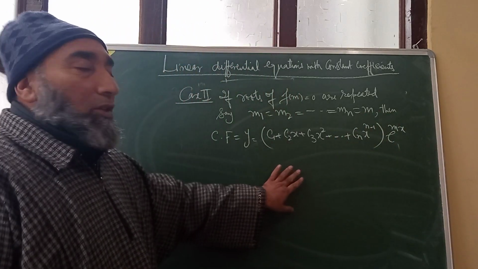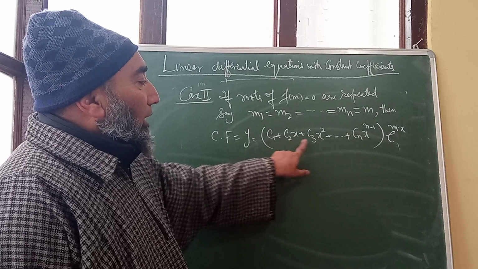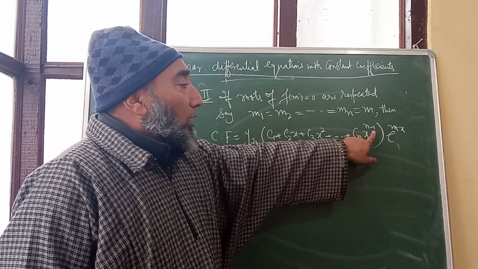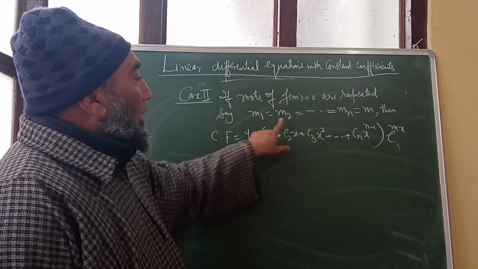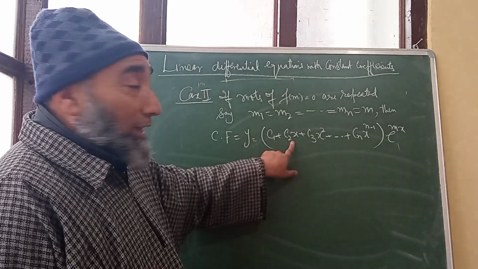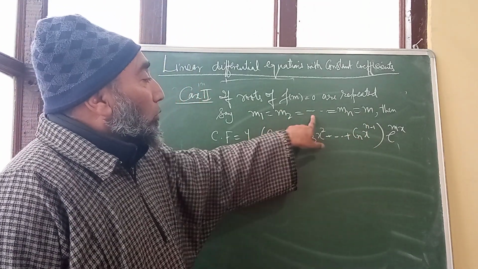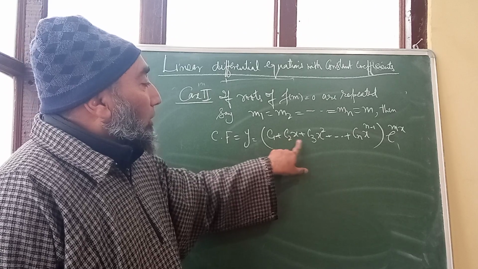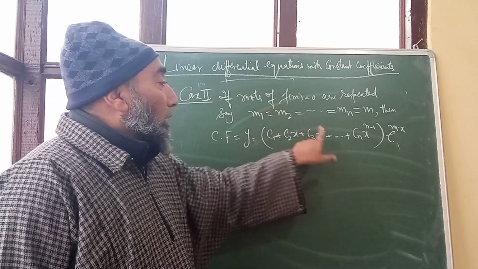I will also explain why the solution is like this: c1, c2x, c3x square, cn x raised power n minus 1. If you have two roots, m1 and m2, you will go up to c2x, that is 2 minus 1. If you have three roots, c1, c2x, c3x square, that is 3 minus 1.